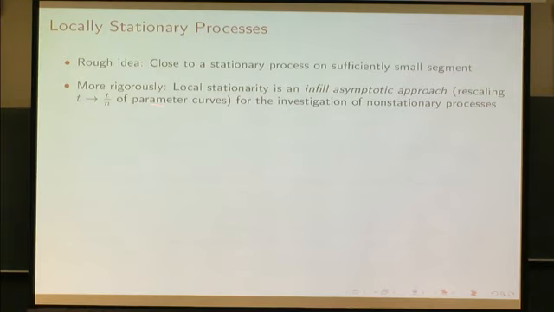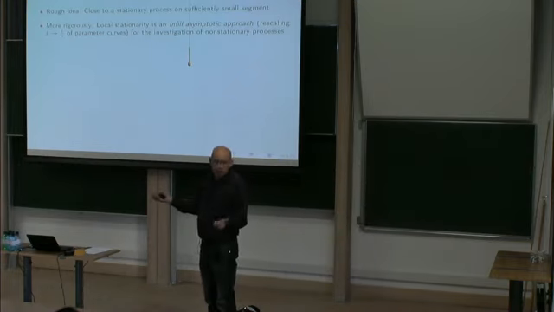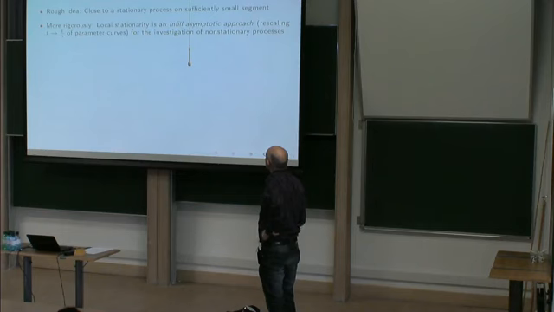So we rescale the parameter curves, and fill in artificially more data as in non-parametric statistics for the investigation of non-stationary processes. So it's not a subclass of non-stationary processes. In the sense I'm advocating here in this talk, it's more a way to build the bridge between non-stationary processes and the mathematics and investigations which are necessary, for example, if you want to construct a confidence interval.